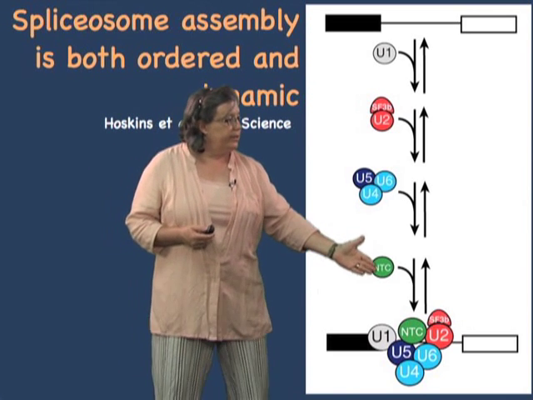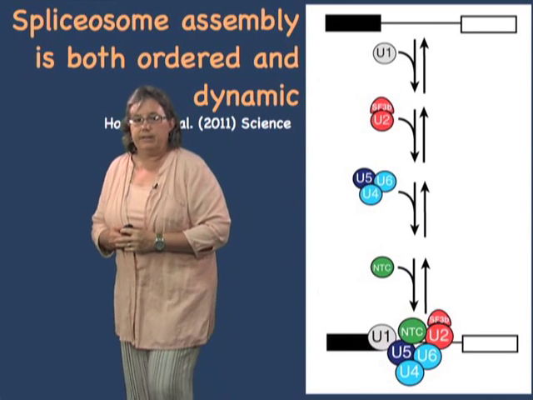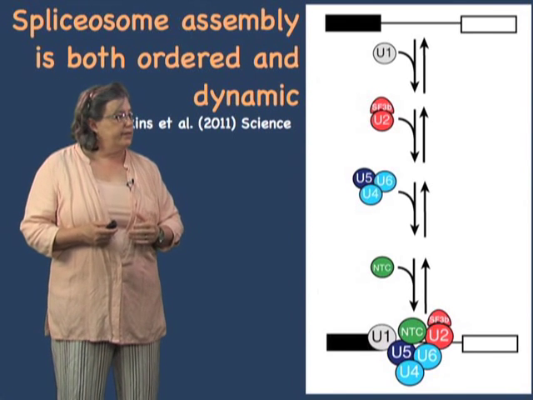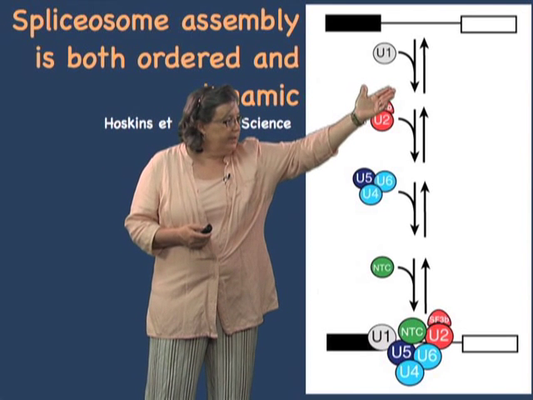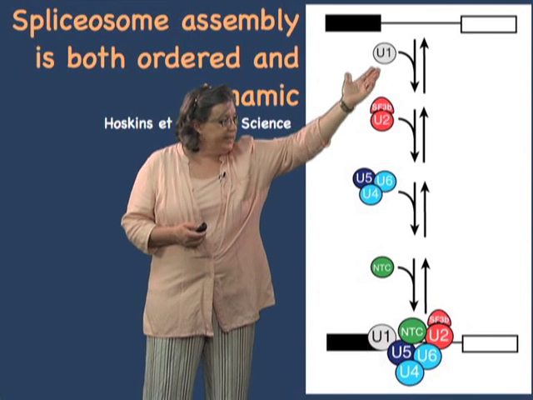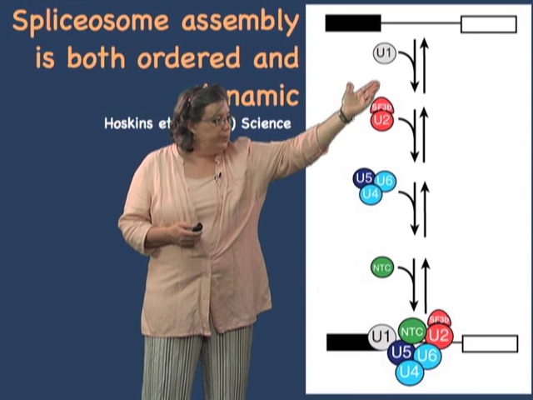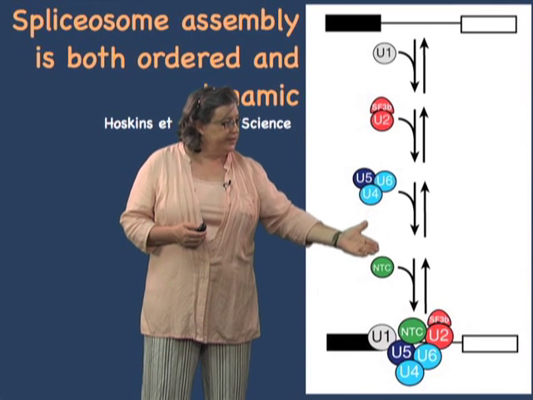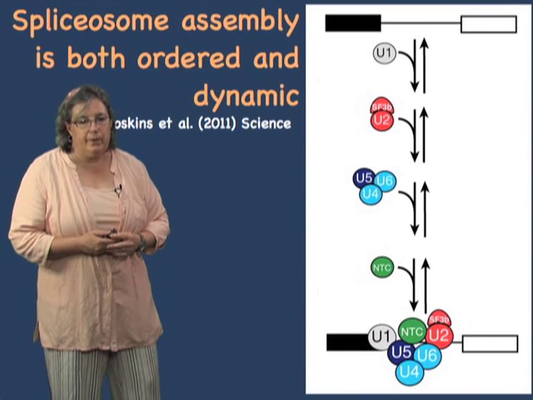But what we now know that's new, that we didn't know before, is that every step in this pathway is reversible. So that means that the spliceosome pre-mRNA is not necessarily committed to splicing at the very first step with U1 addition, but that it increasingly gets committed as you go through the spliceosome assembly pathway.